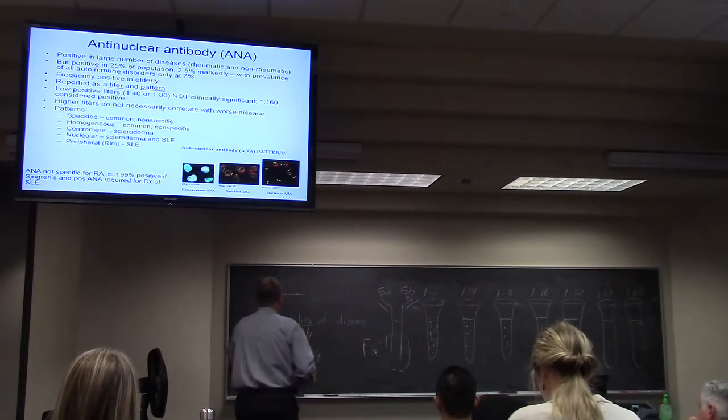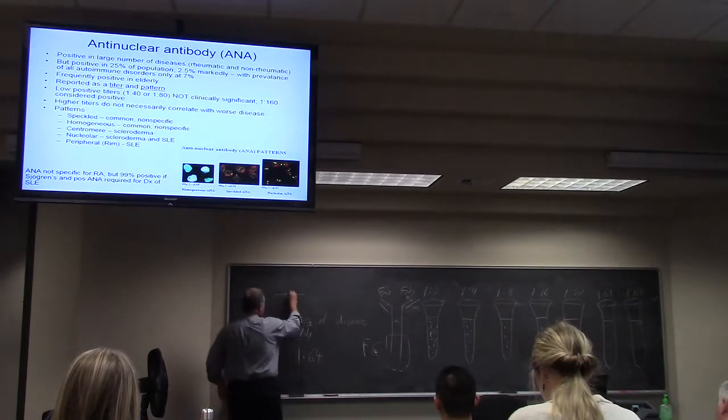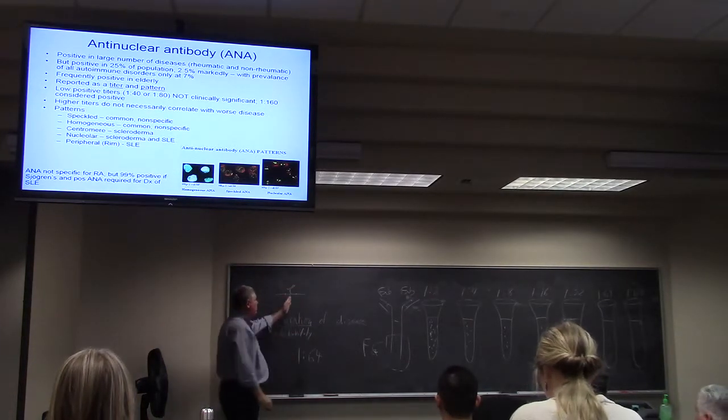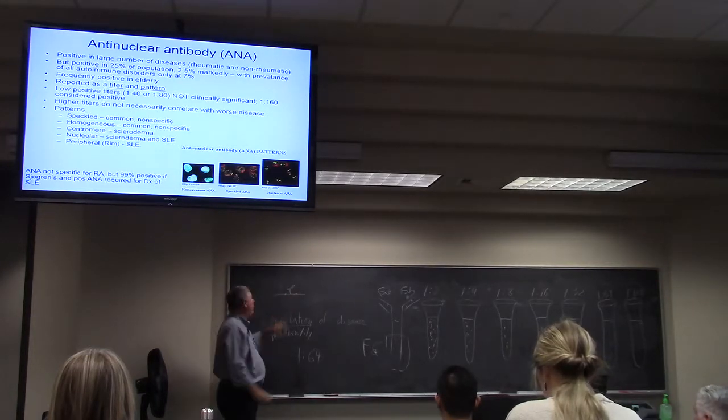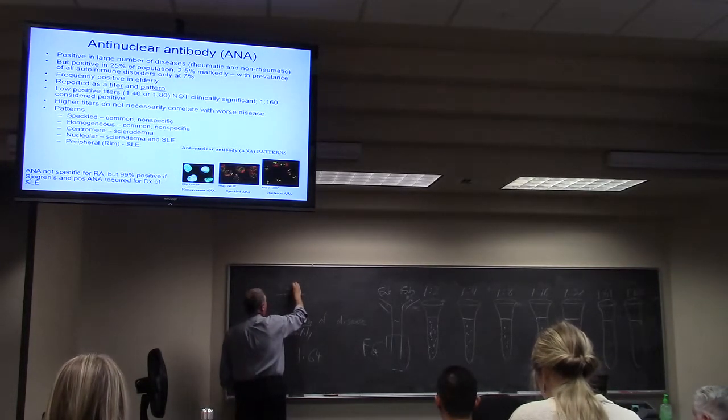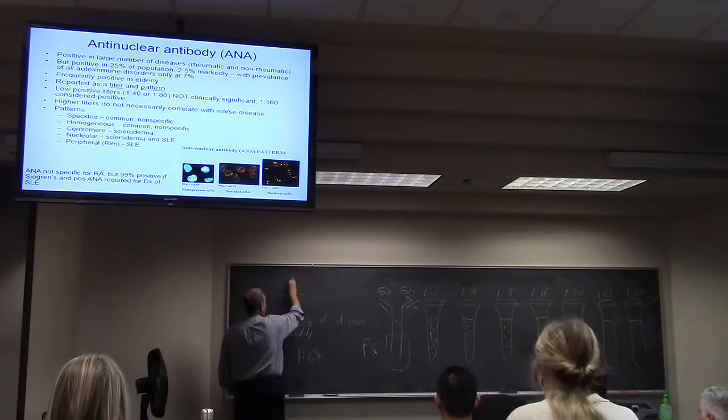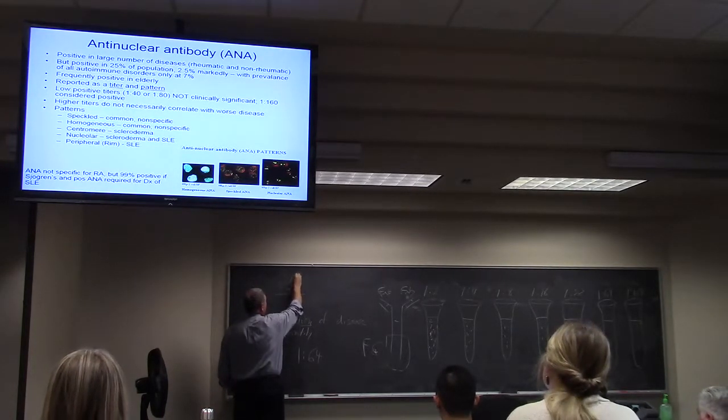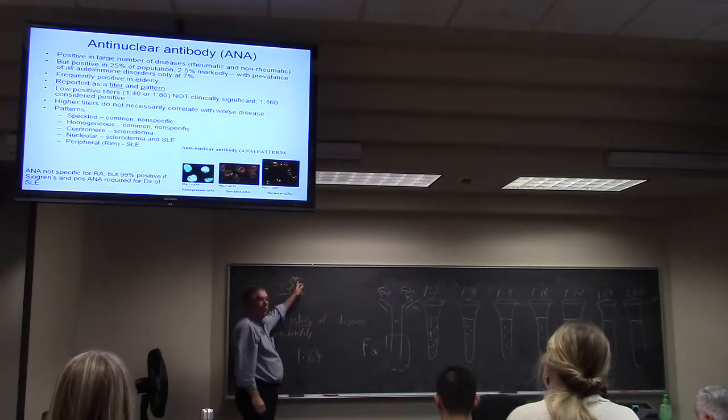So your antibodies, let's say, attach to something in the nucleus. And then we put that second antibody on there that's attached to fluorescein.